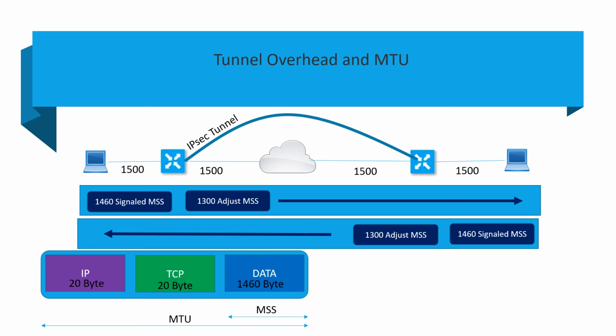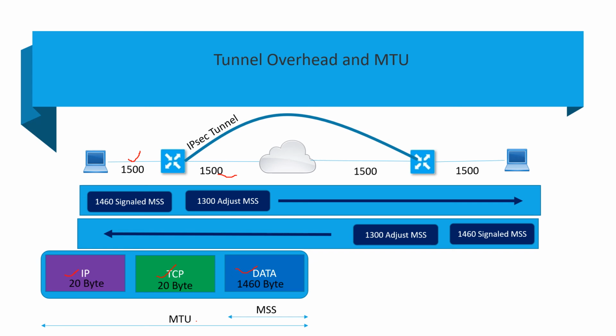So for example, we all know Ethernet is going to be 1500. So in the 1500, it is going to be 20 bytes for the IP, 20 bytes for the TCP, and the rest is going to be your data. So technically it is 1460 bytes which you can send, which is called the MSS value. And the MTU value, if you add everything, comes to 1500.